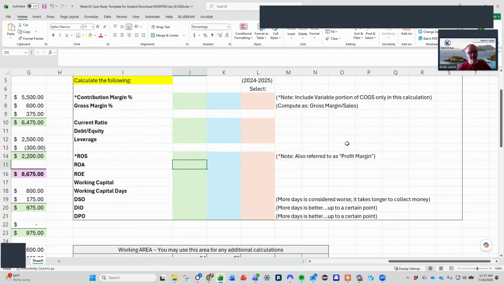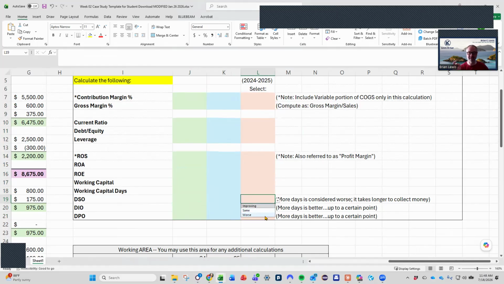We covered return on assets, we covered return on equity. We covered how to calculate working capital and working capital days. We also calculated days sales outstanding, days inventory outstanding, and days payable outstanding. So the tricky part is if these are improving, if they're the same, or if they're worse.